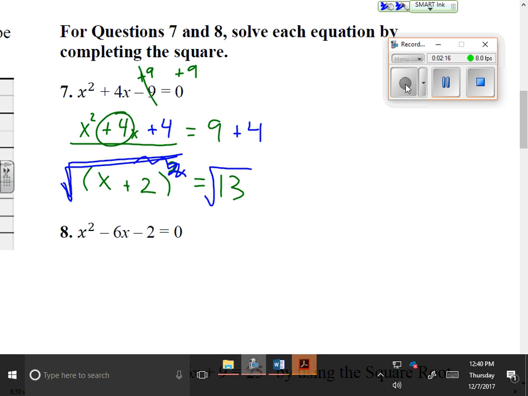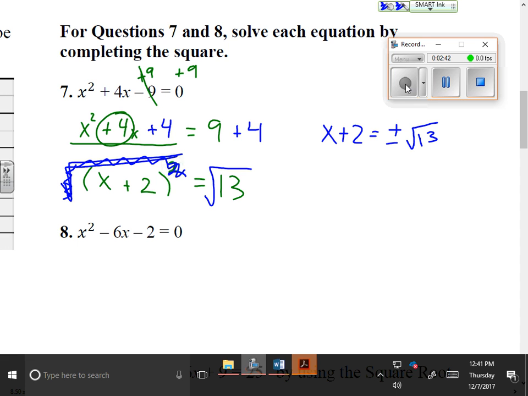You'll have x plus 2 equal to plus or minus square root 13. When you take the square root of both sides, you need to make sure you put plus or minus on that square root because we have to consider both the negative and the positive roots.